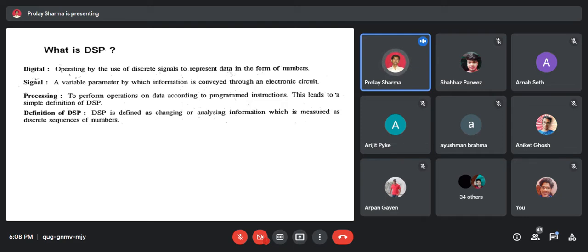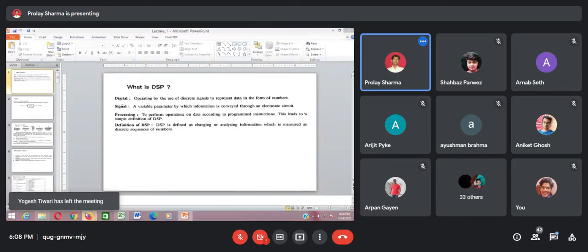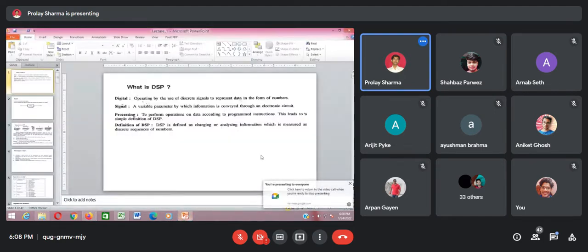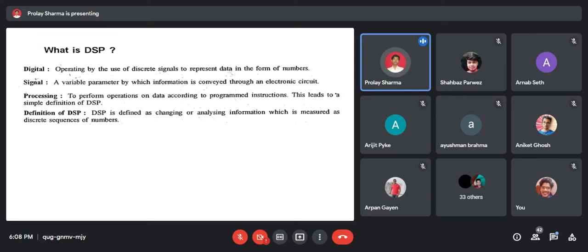In short, a signal is a variable parameter which varies with respect to some independent parameter and conveys some information.